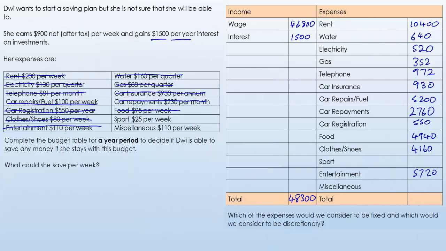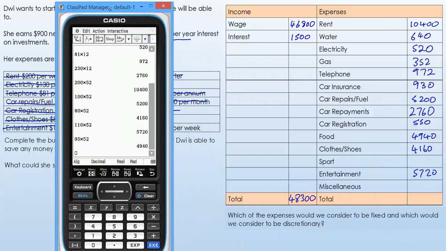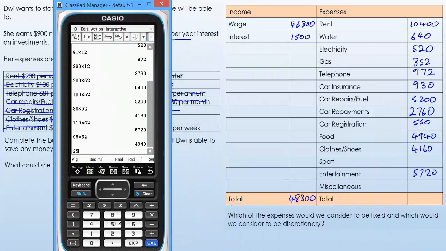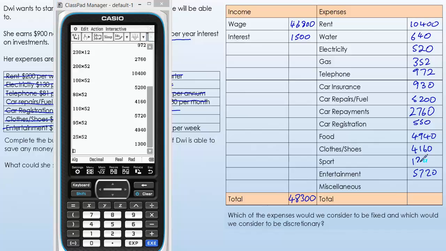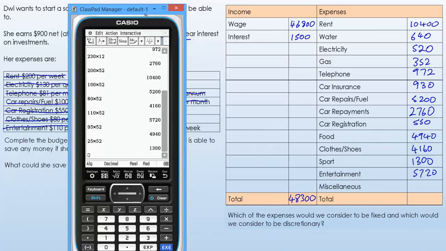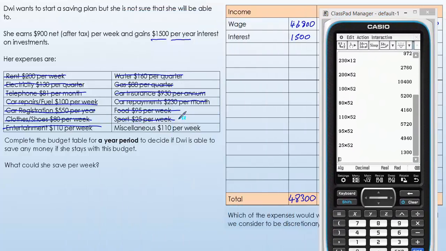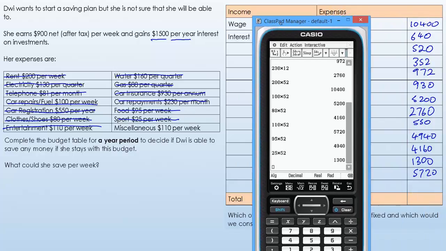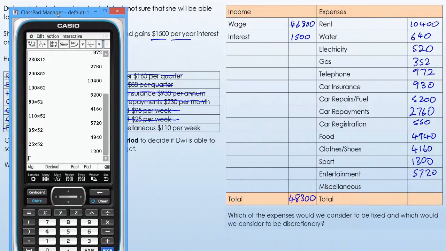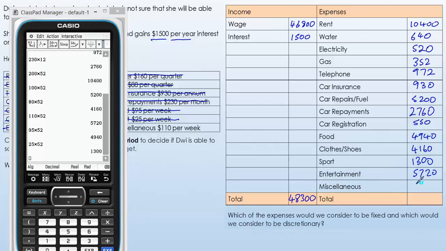Sport at 25. It's 1,300. And miscellaneous at 110. We had something else that was 110, didn't we? Entertainment. So we can just copy that figure in. So that would be 5,720 as well.